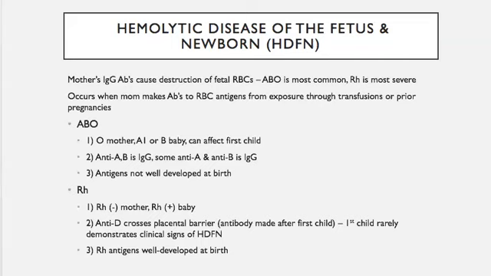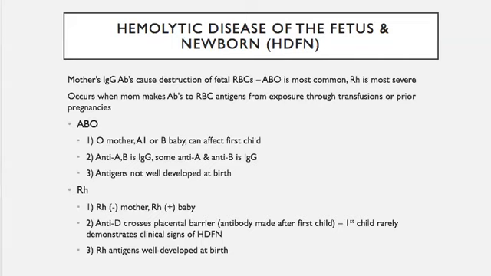So this happens when mom makes antibodies to the baby's red cell antigens from exposure through transfusions or prior pregnancies. So in the case of ABO HDFN, you've got a type O mom who has either an A1 or a B baby. This can affect the first child.